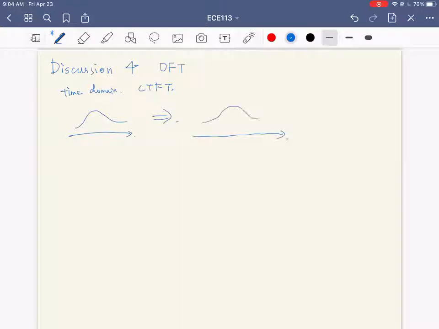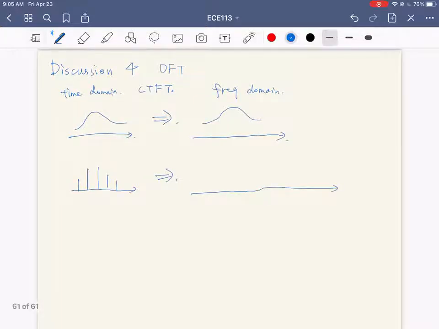a continuous spectrum in the frequency domain. After that, we feel that we have to sample the signal in the time domain. So we sample in the time domain, and then we get a continuous periodic frequency spectrum, and the period is 2 pi.